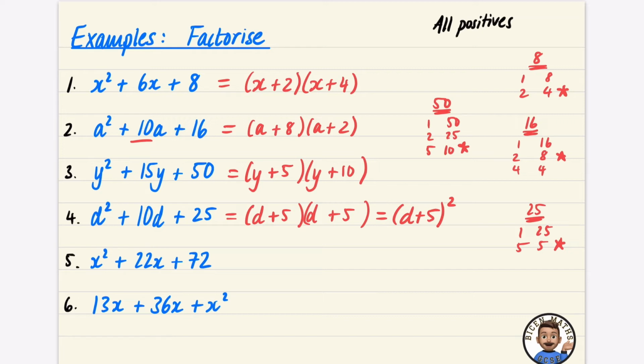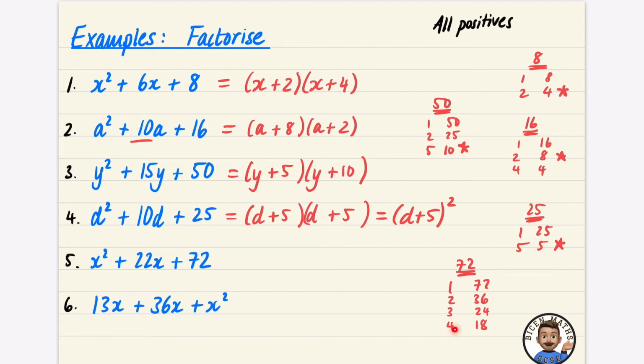Okay, this one's maybe a little bit trickier. I need to think of two numbers that multiply to 72, but add to 22. Well, it could be 1 and 72, but not very likely. 2 and 36, 3 and 24, 4 goes into 72. Oh, it's going to be 4 times 18. So you're going to spend some time thinking very carefully about these.